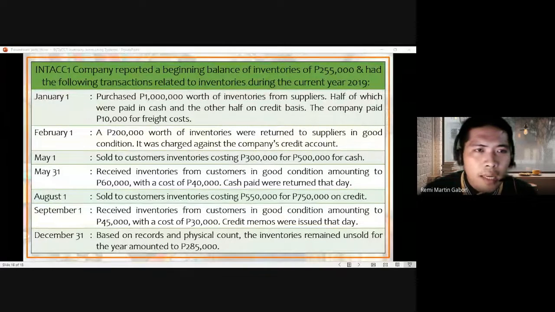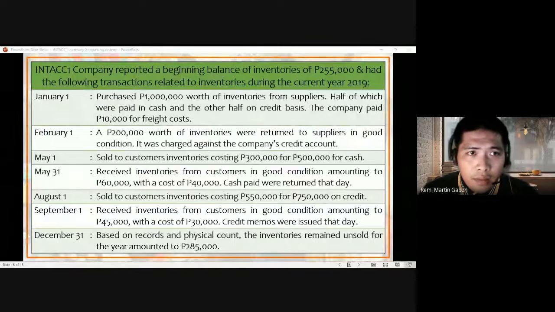Then bawas ng purchase return, bawas ng cost of goods sold na dyan sa May 1. Yung cost yung ibabawas, hindi yung selling price. So therefore, between 300,000 and 500,000, yung ibabawas yung 300,000.